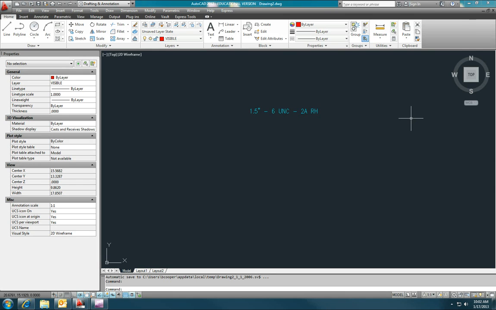One thing that's omitted purposefully and correctly from this thread note is that this is a single thread drawing, and what I mean by that is if this thread that we were about to draw were multiple threads, either a double, triple, or quadruple, then you would actually see the words double, triple, or quadruple immediately following the class of fit.